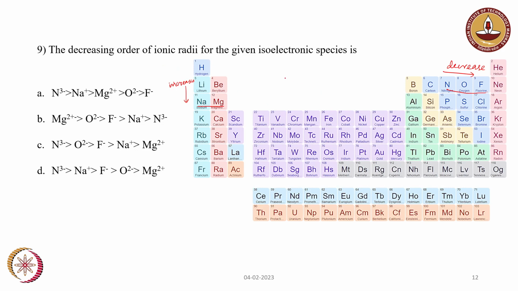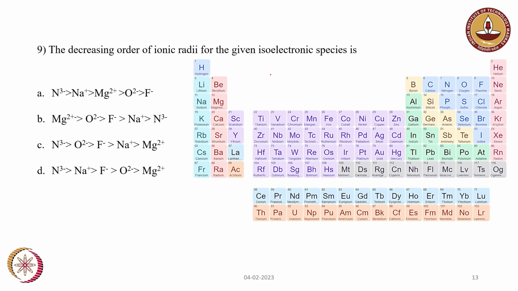Also we need to note that when species have negative charges, that is anions, they will have a larger radius because of the repulsion between the electrons, and the effective nuclear charge will be lower for anions.